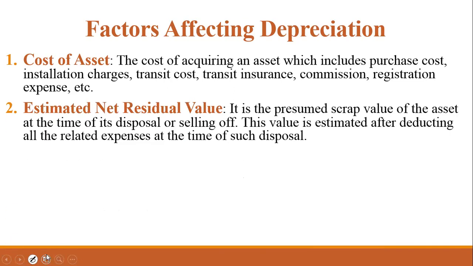Another one is the estimated net residual value. Okay, so it is the presumed scrap value of the asset at the time of its disposal or selling off. So this value is estimated after deducting all the related expenses at the time of such disposal.